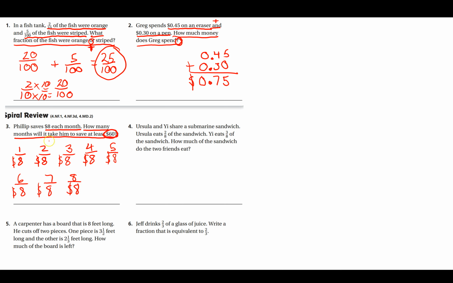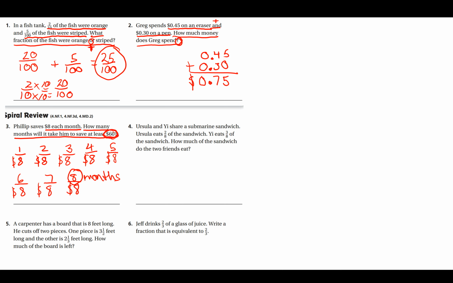The question was, how many months will it take him to save at least $60? 8 months. Because each one of these, 1 month, 2 months, 3 months, these represent the months, and $8 each month. And then we continued doing that until we had at least $60. And it took us 8 months to get over $60.